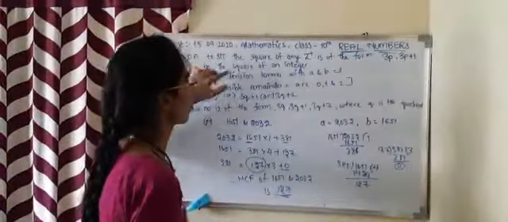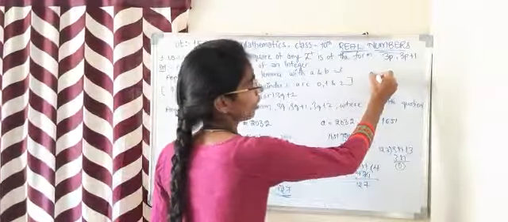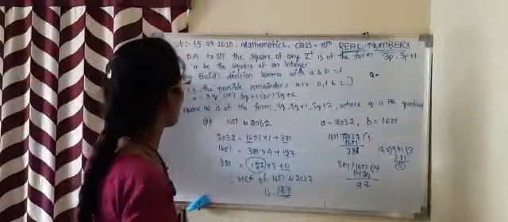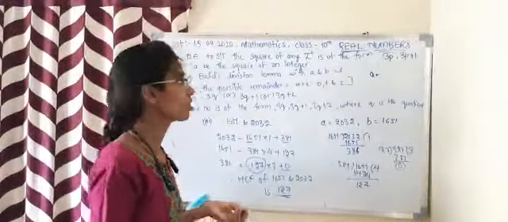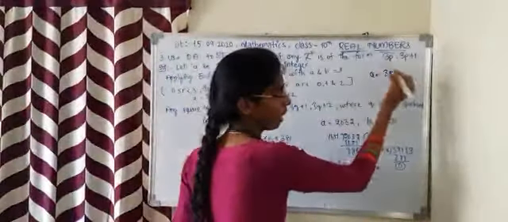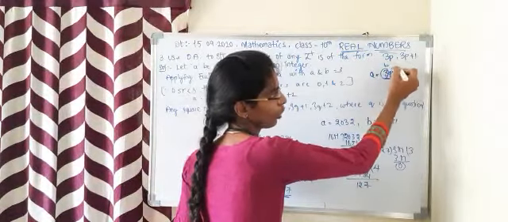Let A be the square of any integer. We shall take A as the square of any positive integer, applying Euclid's division lemma with A and B equal to 3. As we have here, A is equal to 3p or 3p plus 1. This is the value of B, and A equals Bq plus r.